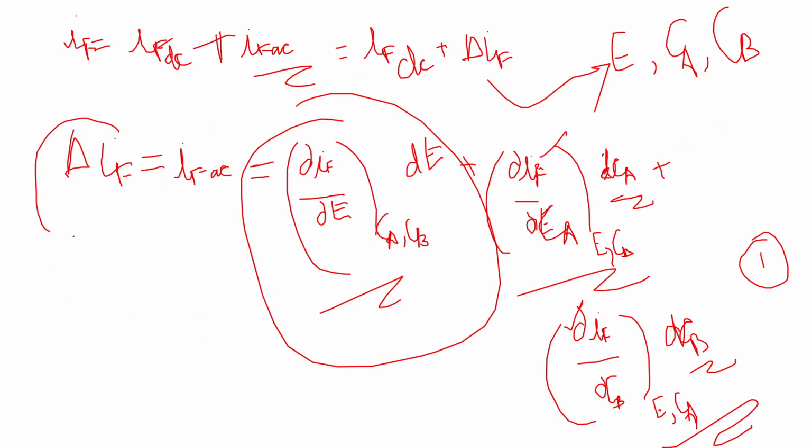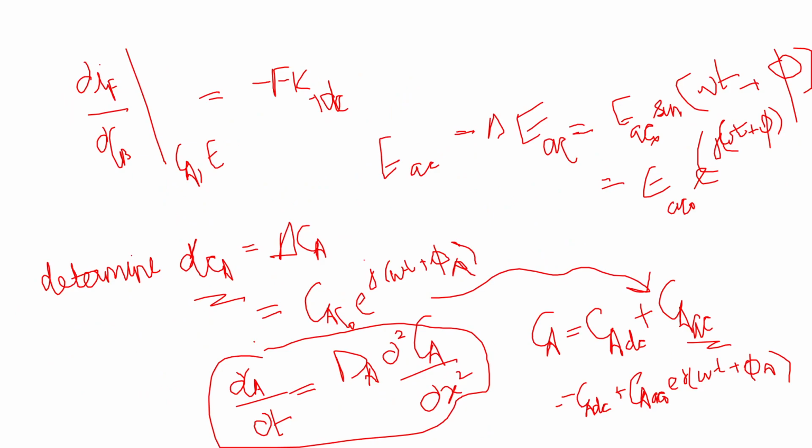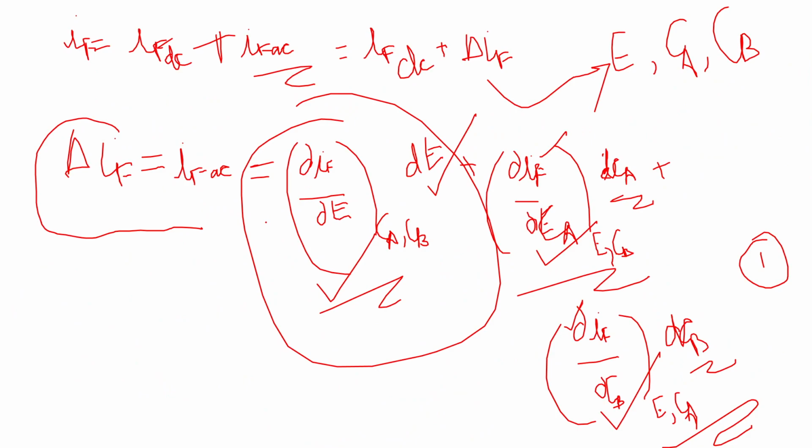Del IF equal to dou IF by dou E into dE plus dou IF by dou CA into dCA plus dou IF by dou CB into dCB. We found out what is dou IF by dou E, you know what is E? That is EAC itself. And then you found out what is dou IF by dou CA and dou IF by dou CB. You differentiated this equation with respect to E, then with respect to CA, and then with respect to CB.